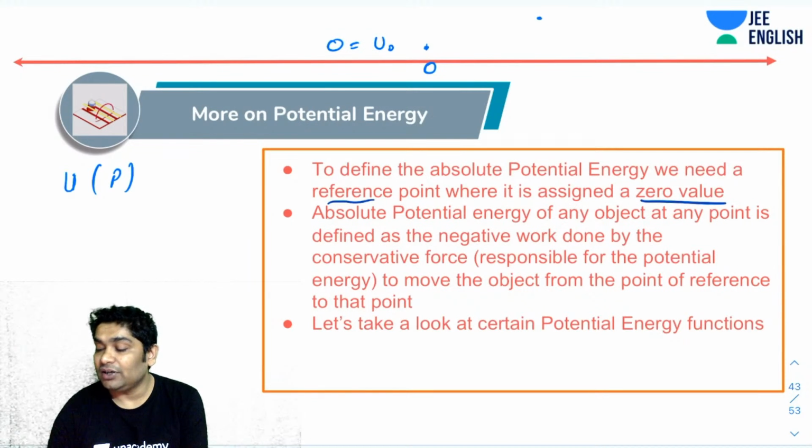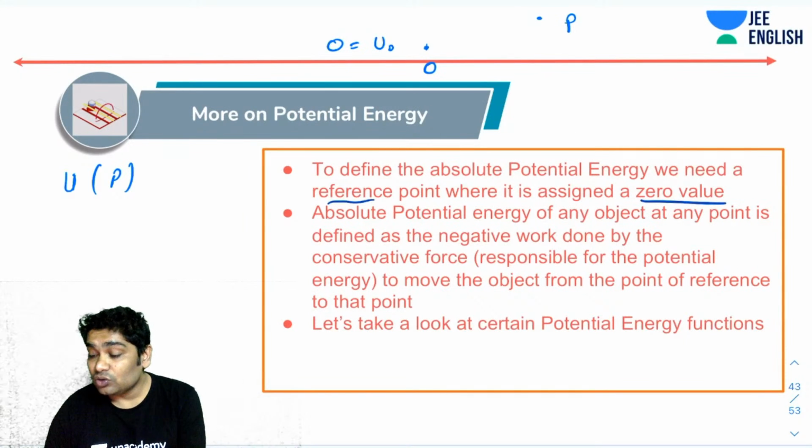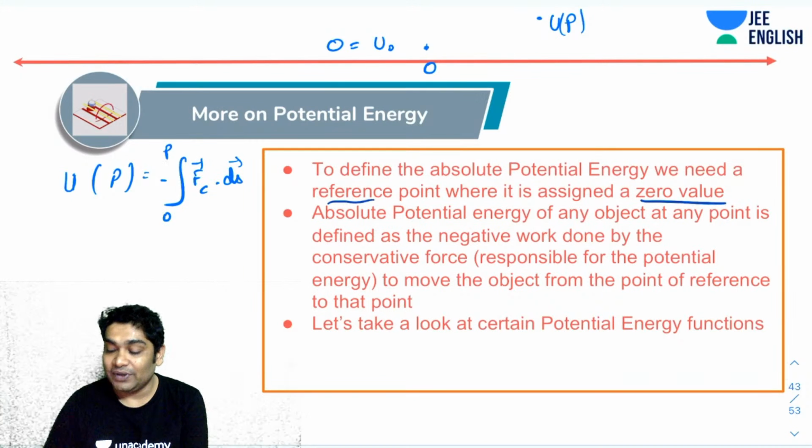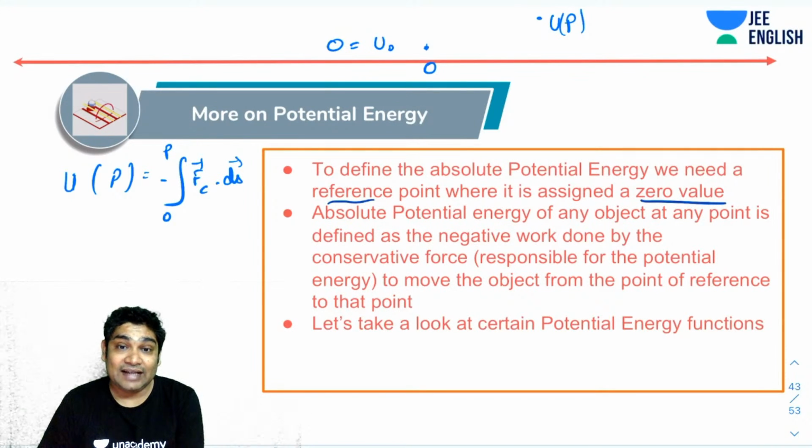Now you have to calculate the potential energy at point P. So U at P would be equal to the negative of the work done by the conservative force in moving the object from O to point P. That is how you can define the absolute potential energy by this definition.